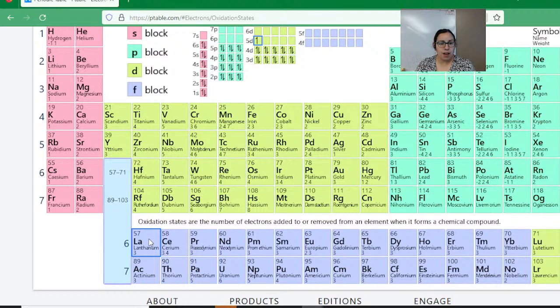I don't understand their coloration because I disagree with their coloring based upon the electron configuration. They put lutetium and lawrencium as d block, but I wouldn't say that. I would put lanthanum and actinium as d block, and lutetium and lawrencium are ending your f block. But again, you could see differences, so this is where you get a little bit of differences in electron configuration.